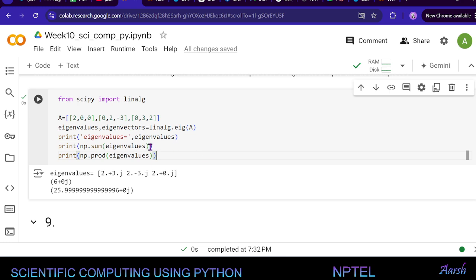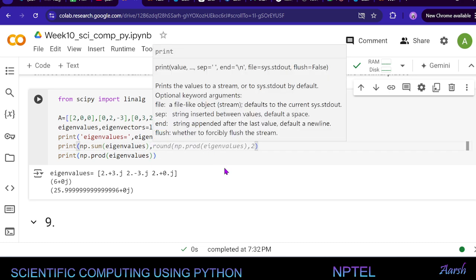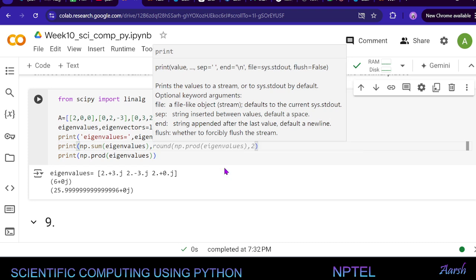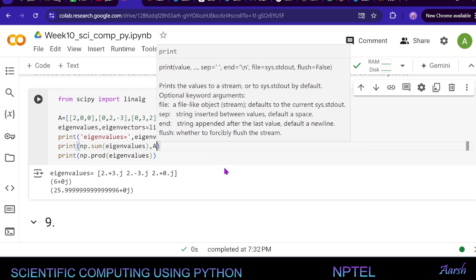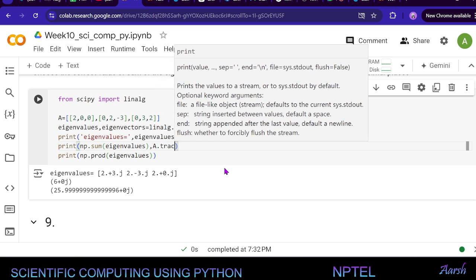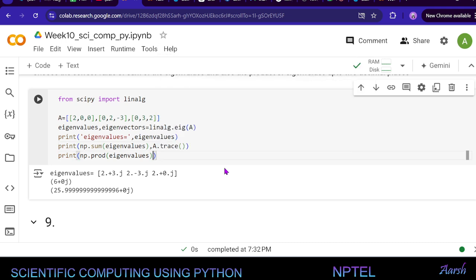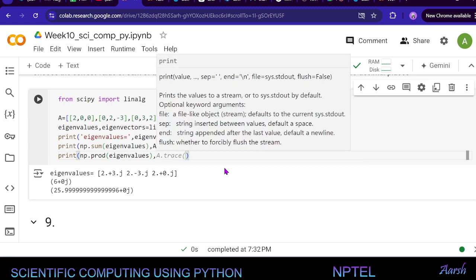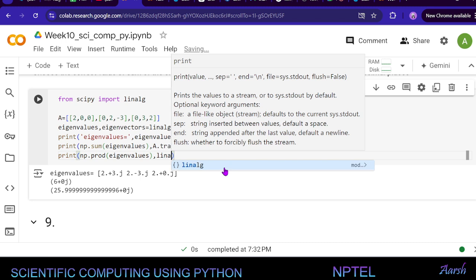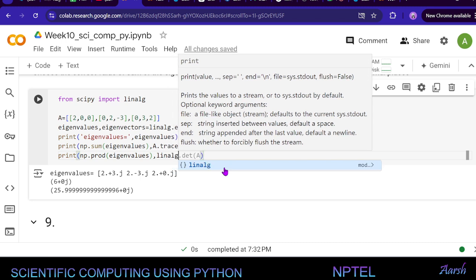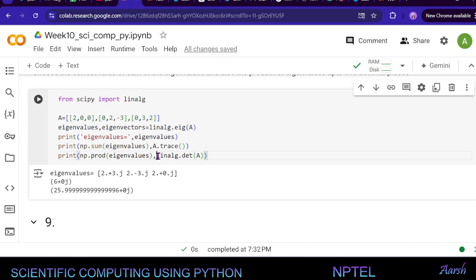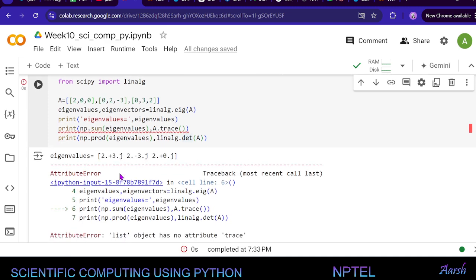So we can print the trace of A, which I can just write as A dot trace. And the product of eigenvalues is the determinant of A, which can be gotten using the linalg dot det function. Okay, so let's just check if we are getting the correct answer.